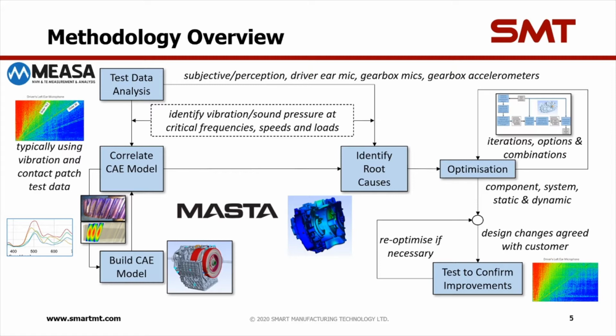Then we move on to the validation of the solutions with manufacture of prototypes and then testing of the prototypes. And typically we'll meet the targets with the first prototypes.